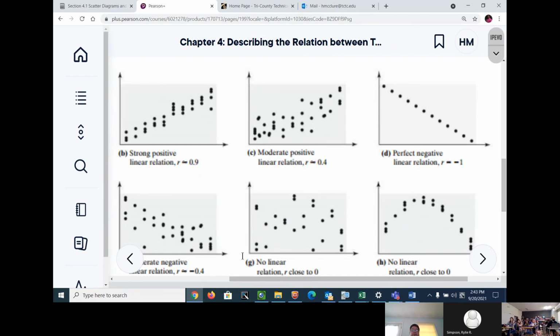I'll give you another few seconds to write those down. And for the 1 or 2 people that watch the video, you can write them down and pause it. Okay.